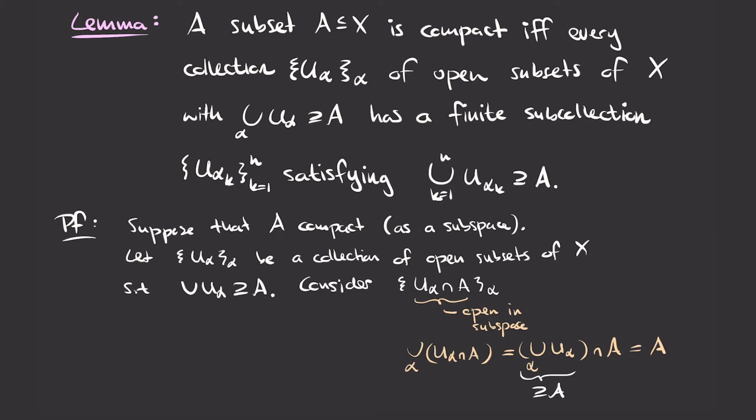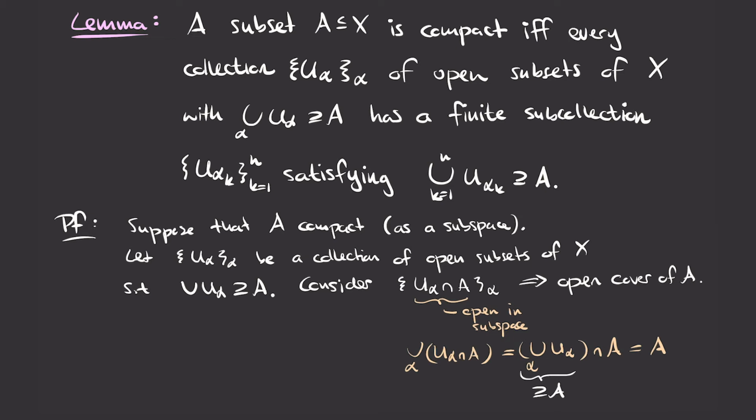Okay, so this argument in orange here, well, shows that this collection here is an open cover of A, where we view A as a topological space in its own right using the subspace topology.